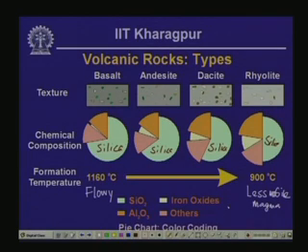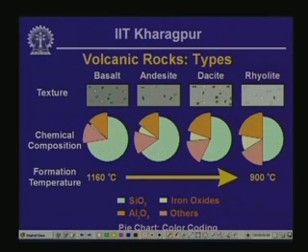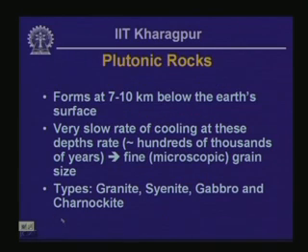So, that kind of tells you that volcanic rocks can also vary over a very wide margin in terms of their texture, chemical composition, and formation temperature. And now we would like to look at the other types of igneous rocks, similar characteristics of other types of igneous rocks.